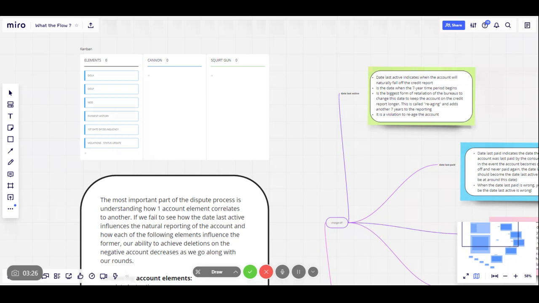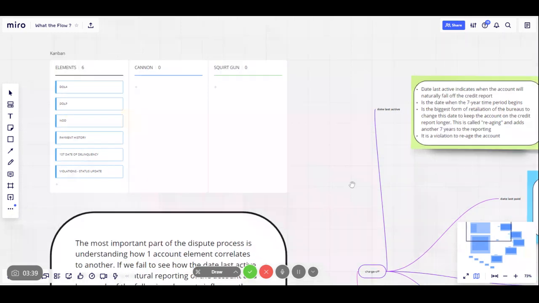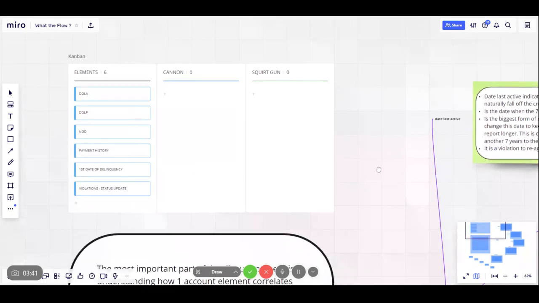Now, going back to this, we have elements, we have a cannon, and we have our squirt gun disputes. If you don't know what I'm talking about, please take a look at your screen because this is going to make sense. This is a very simple little Kanban board, and we have our elements: date last active, date last paid, notice of dispute, payment history, first date of delinquency, and violations.